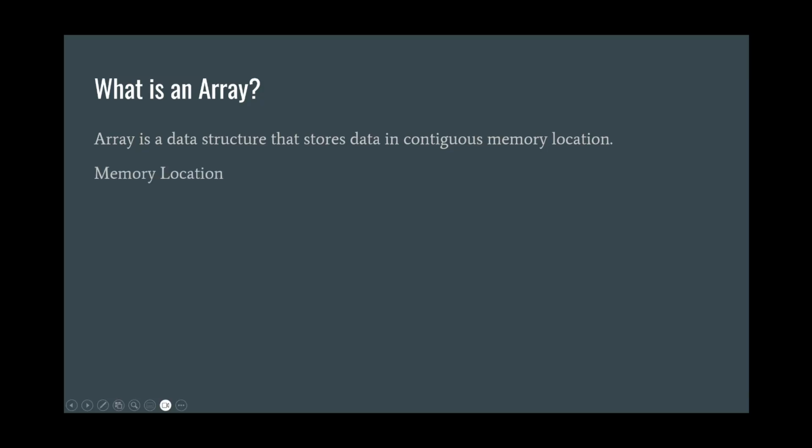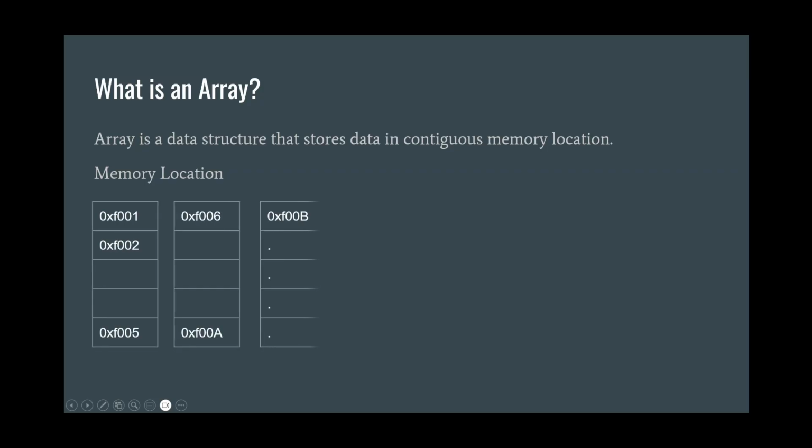In computers, you can imagine memory in the form of a table, a grid structure where a sequential address is given to different memory blocks. You can consider that this one block is of a particular size and has some address, and similarly the other blocks also have some address.